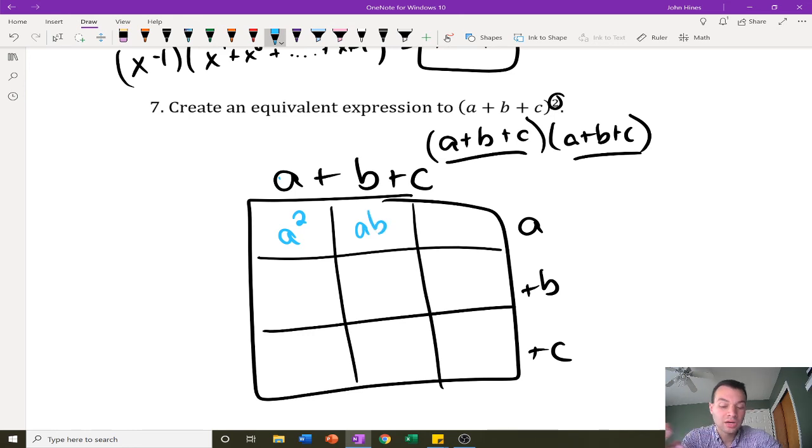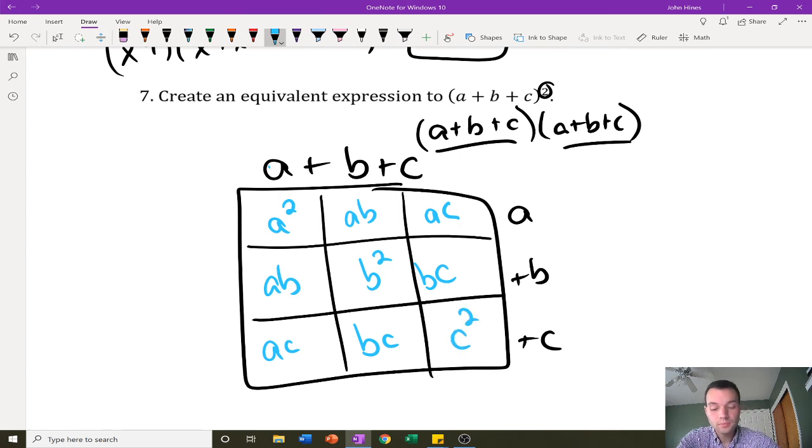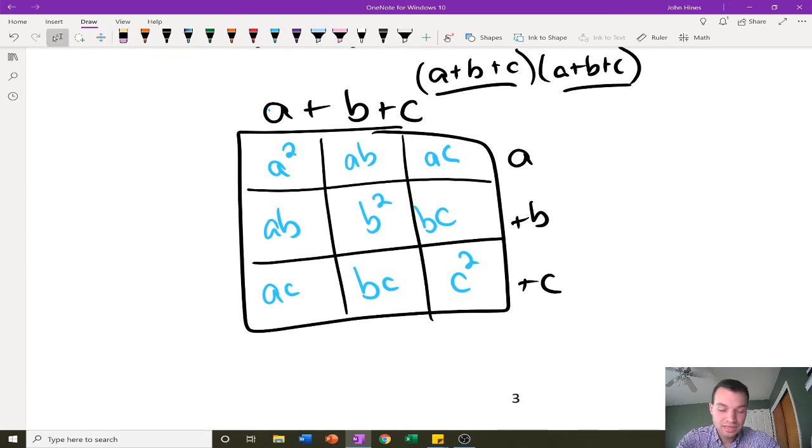Normally we put letters in alphabetical order. a times c, ac. a times b, b times b. c times b. And finally, we're going to distribute through this c now. ac, bc, and c squared. Well, there are things to combine here, and this isn't a standard polynomial in terms of x.